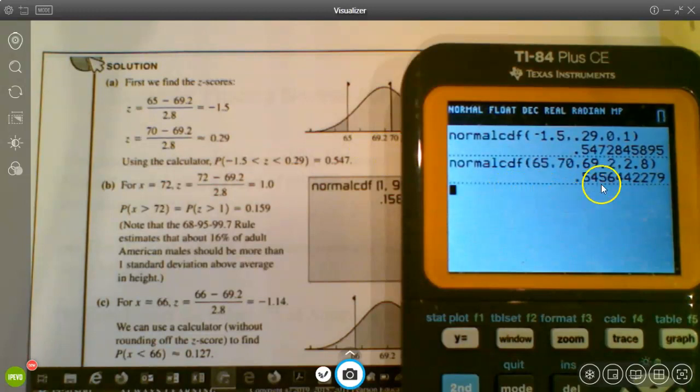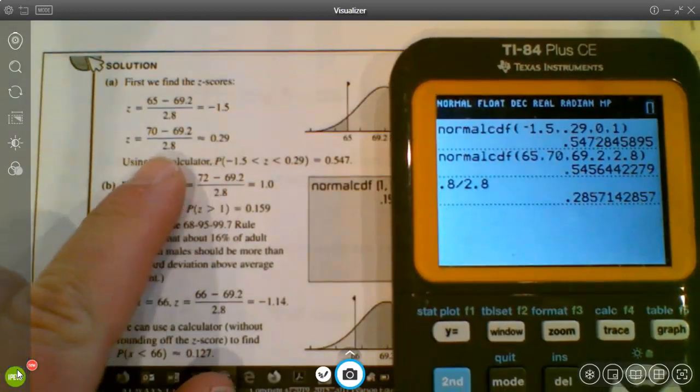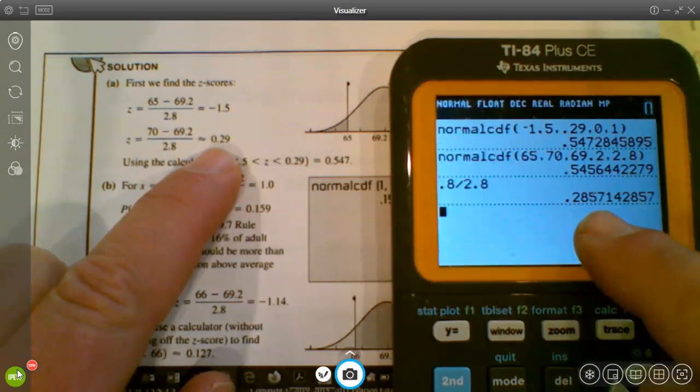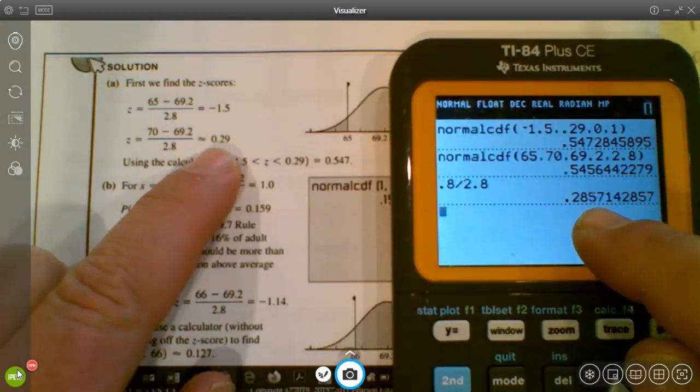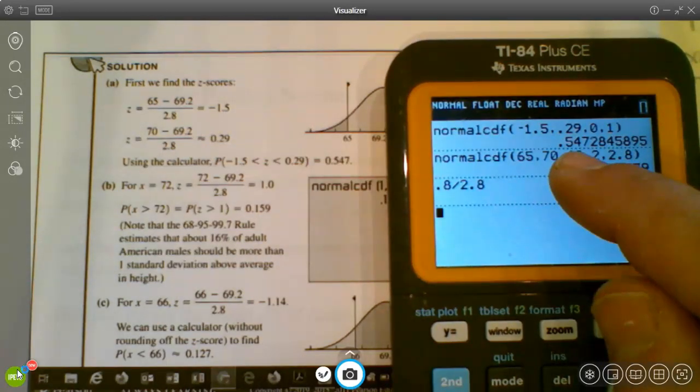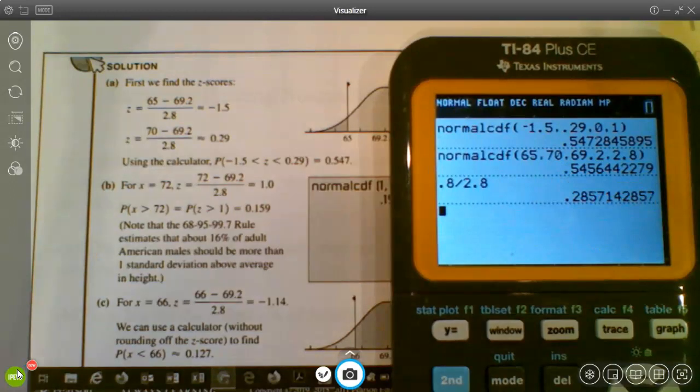So in fact, this is actually even more accurate because when this was calculated, it was using a rounded number, not an exact number, right? So now by putting in the exact values that were on the curve, we actually get a more accurate response out of that. So you see what they got as their z-score for the upper bound was a rounded number, right? It wasn't exact, and therefore that's why their response is actually a little bit inaccurate, right? This would be a more accurate value here.